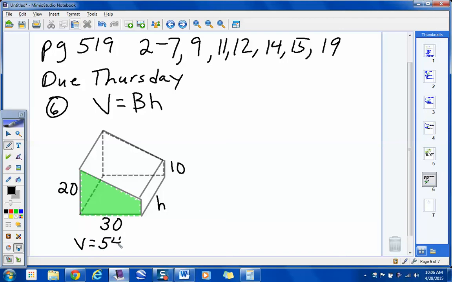Don't they say the volume is 5,400 cubic centimeters? That's what they tell you, right? Okay. What kind of prism is this again? Trapezoidal. If it's a trapezoidal prism, that means capital B must be a trapezoid.